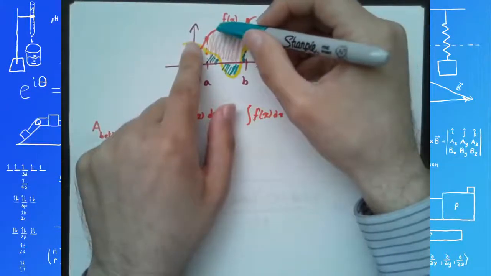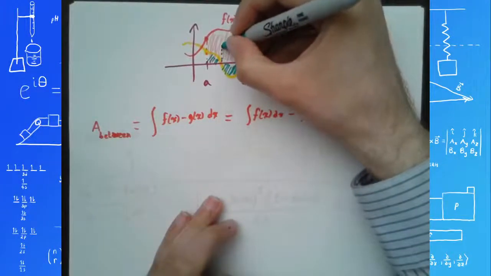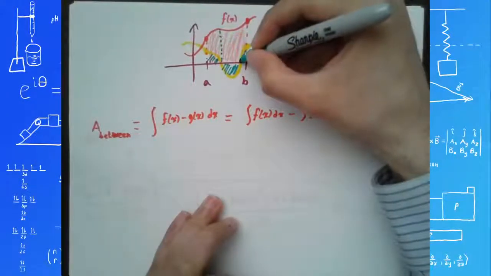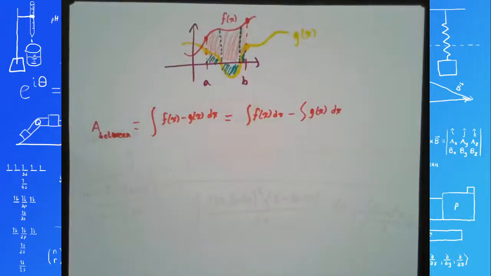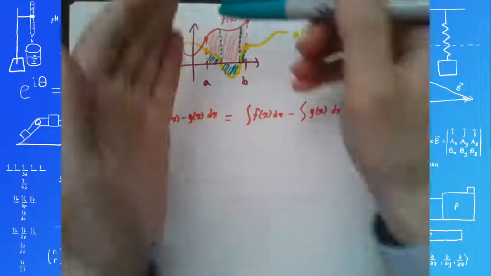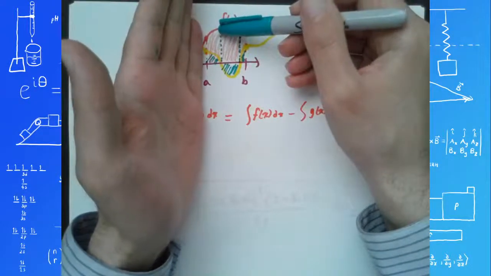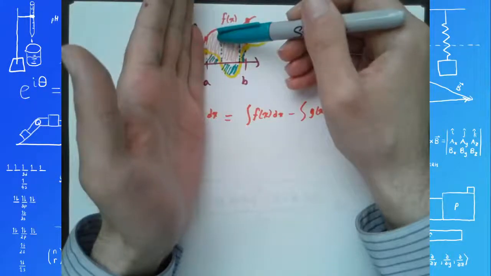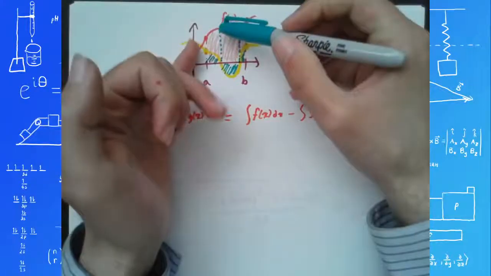So over here for this part, I'll divide this into 3 sections so that we can think about them individually. In this first section, the integral of f of x is the area under f of x. It's the pink area. The area under g of x is the green.